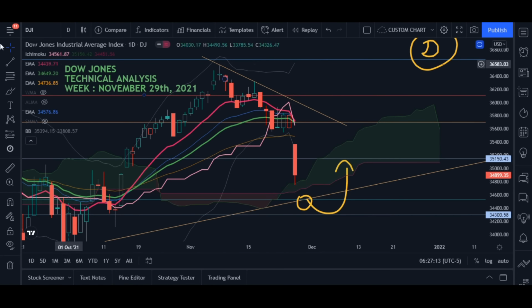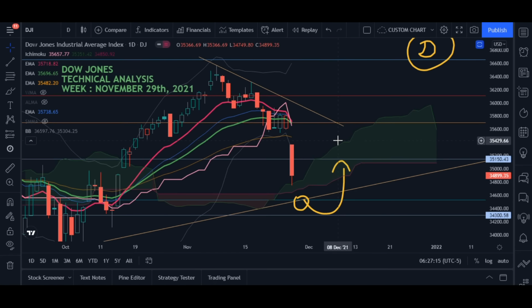Now let me write down the support and resistances here also, so that you can take a note. So we have a very heavy, very critical resistance at 36,655. Let me quickly write it down here.